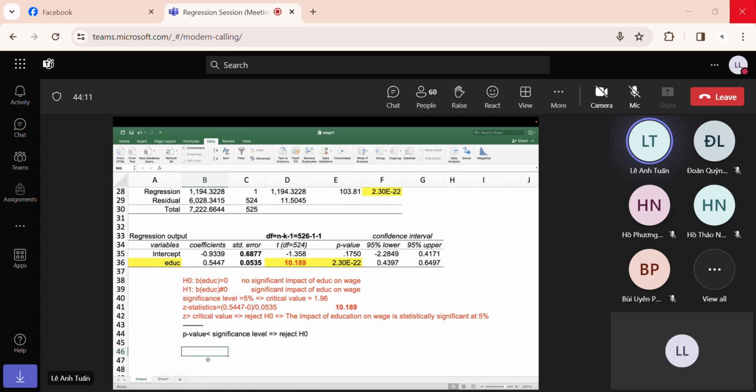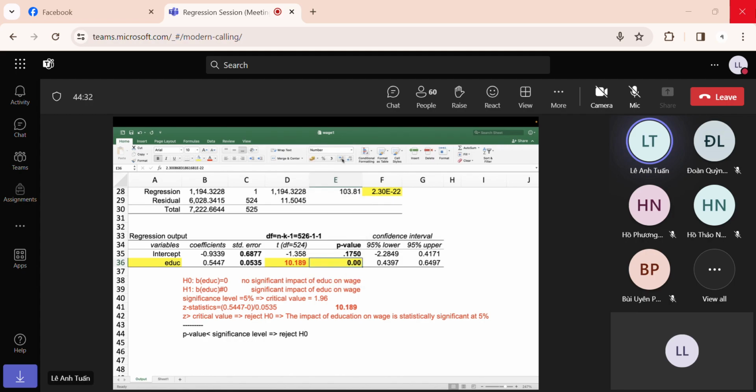But here in MegaStat, they also offer us the p-value. This is the p-value for the intercept or the constant, and here is the p-value for education.